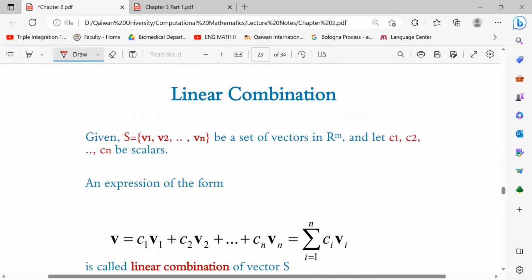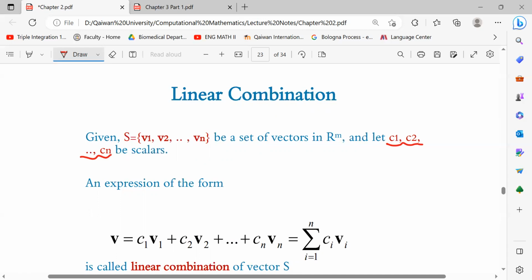Then we have linear combination. What we do here, we say if we have a set of vectors, let's say V1, V2, V3, up to Vn, if these all are vectors, and let C1, C2, up to Cn be scalars. All C's are numbers, scalars.